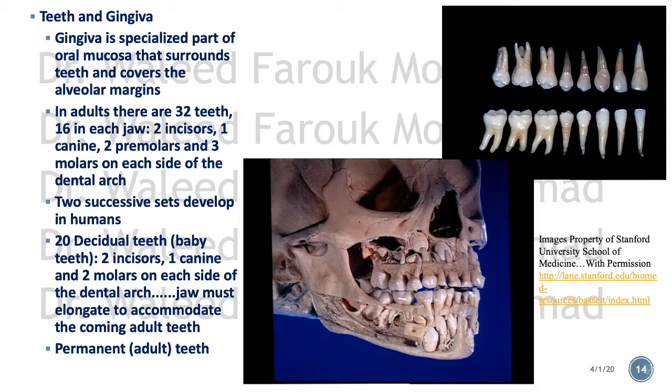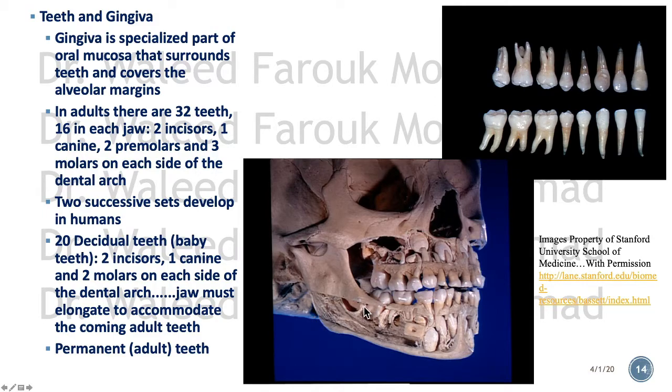They have 20 teeth. Now, the two molars will become the premolars of the adult, while the posterior part of the jaw grows and gives space for the additional 3 molars on each side. You got that?